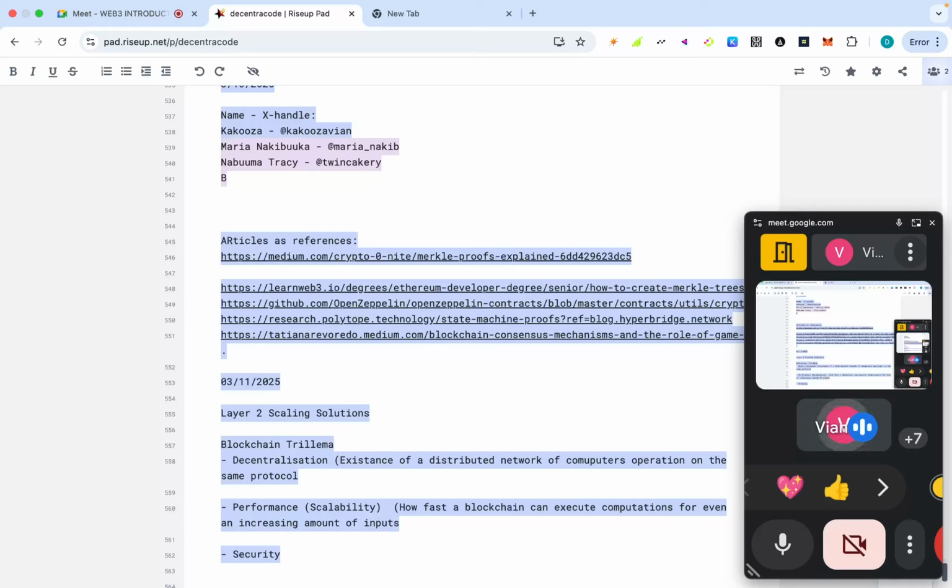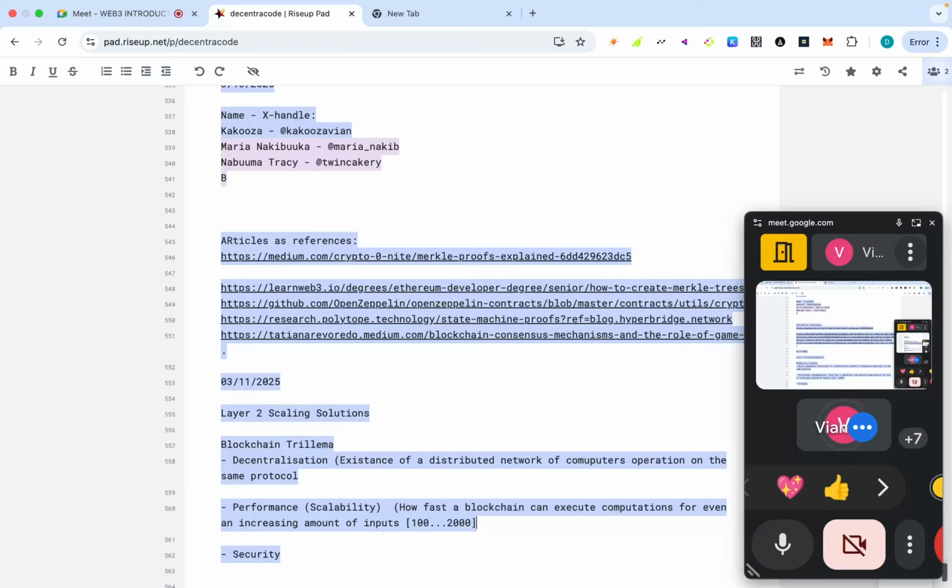inputs. So this means that if we have about 100 transactions that are requesting to be executed, if this number increased to about 2,000 transactions that are requesting to be finalized on the blockchain, it should be able to, almost at the same level of efficiency, execute all those transactions.